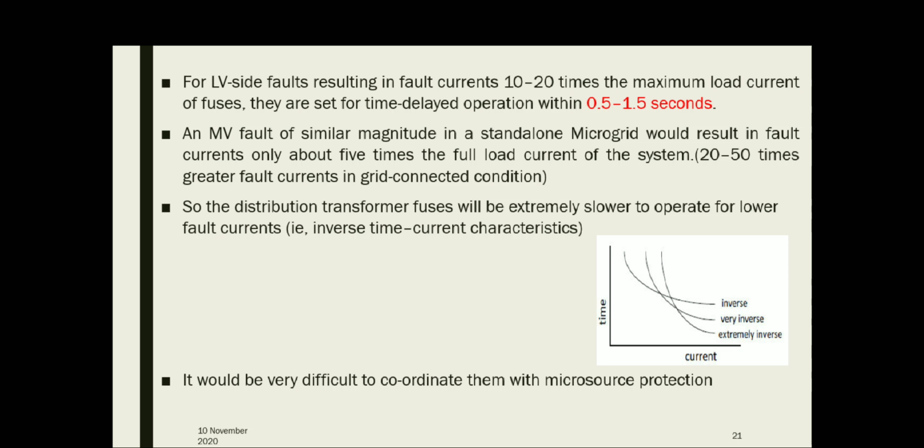Thus, with extremely inverse time characteristics, the distribution transformer fuses will be extremely slow to operate for such a fault, and it would be very difficult to coordinate them with the microsource protection. So we cannot think that a protective system suitable for grid connected operation will be suitable in a standalone operation. That is the main thing.